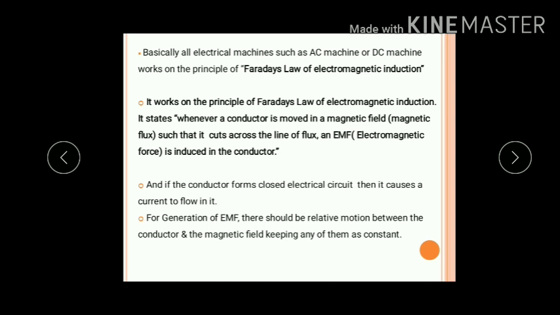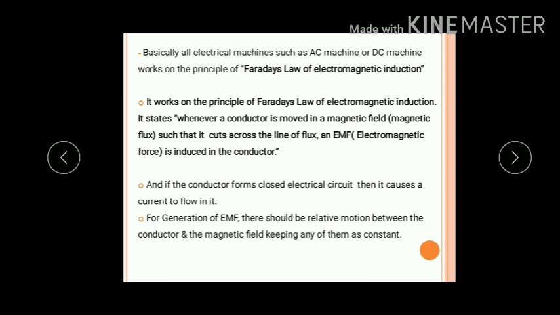There is a deflection observed in the galvanometer, showing that an EMF is induced. Once the magnet is moved away from the coil, again there is a deflection observed, but in the opposite direction. So movement of the magnet towards and away from the coil induces an EMF.